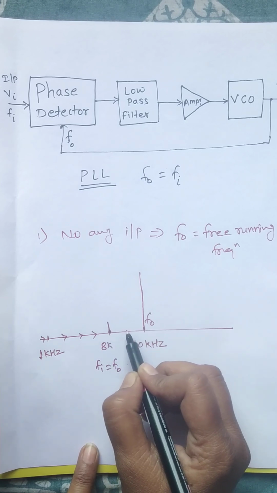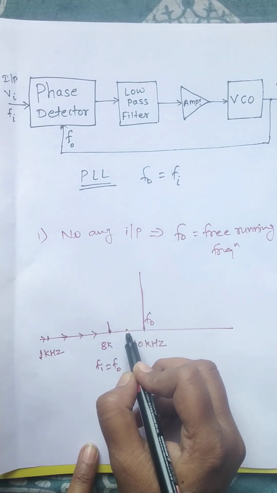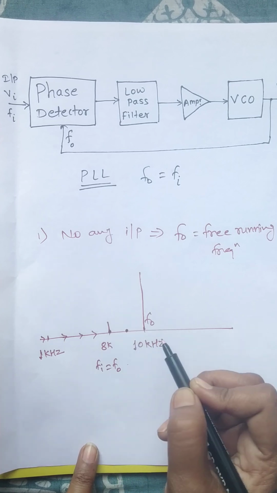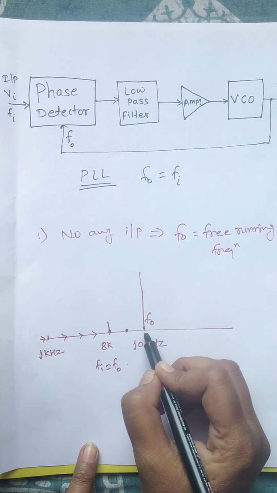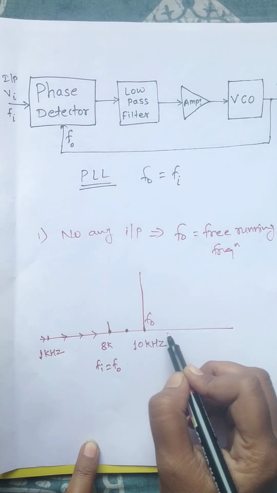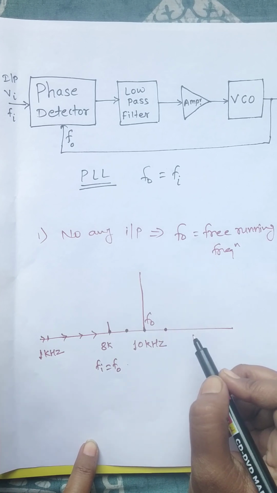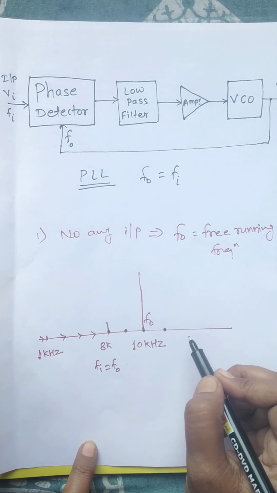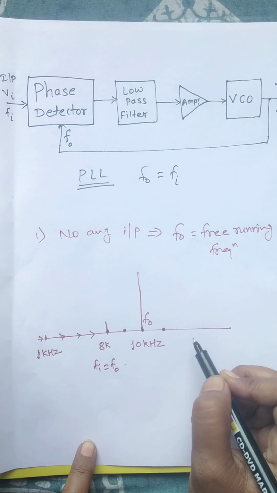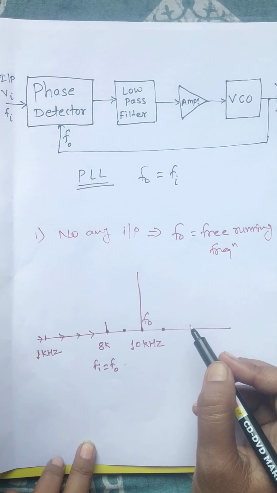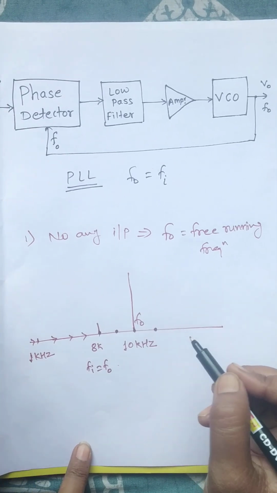Fi becomes 9 kilohertz, Fout will also become 9 kilohertz. Fin is 10, Fout will be 10. Fin is 11, Fout will be 11. What is happening now? The system is tracking the input signal. Both are running at the same speed.